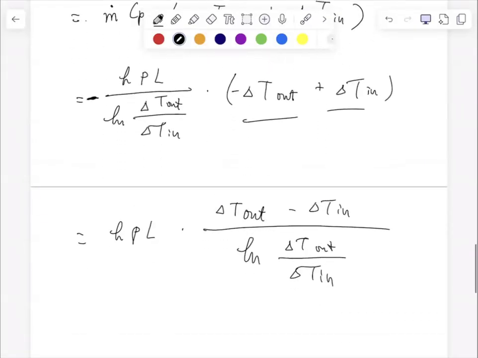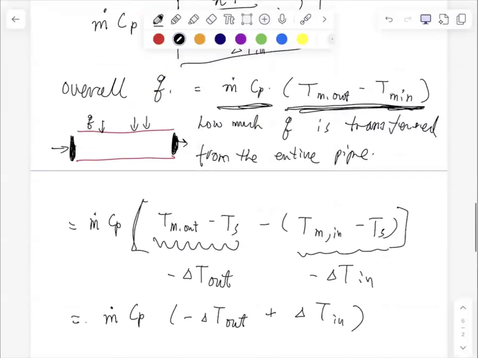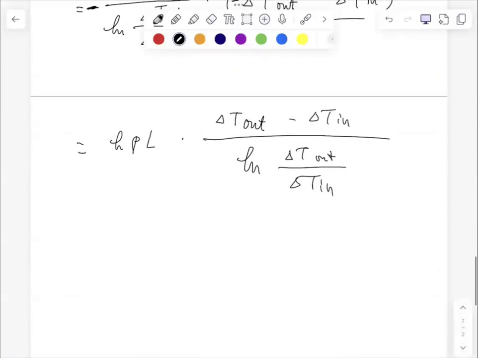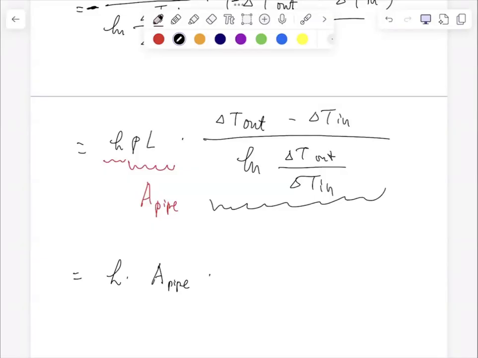The reason why we write this total amount of the heat transfer in this way is because now we can see this is the H convection coefficient. And this is actually the perimeter of the pipe multiplied by the entire length of the pipe, so this is the area of the pipe. So we can rewrite it as H multiplied by the area of the pipe and then multiplied by a combination of the delta Ts.